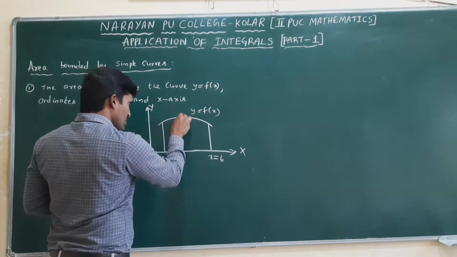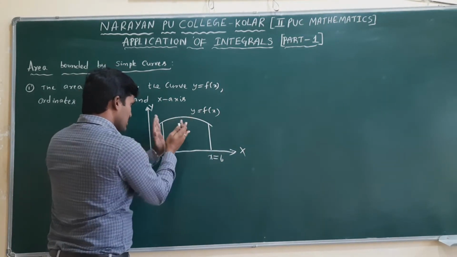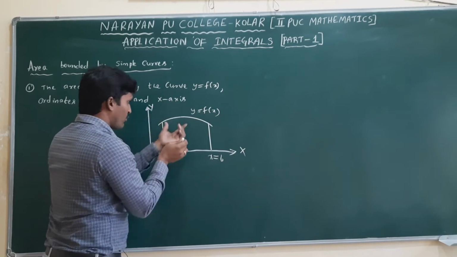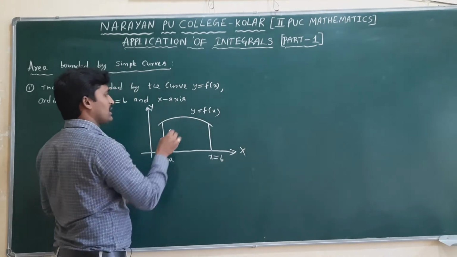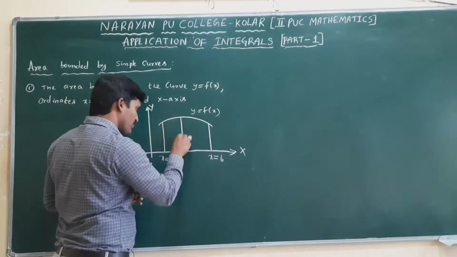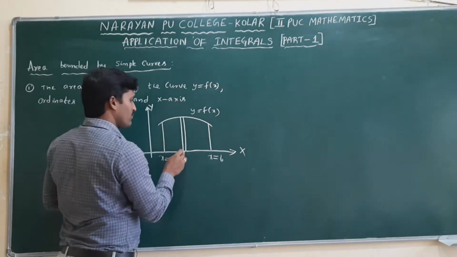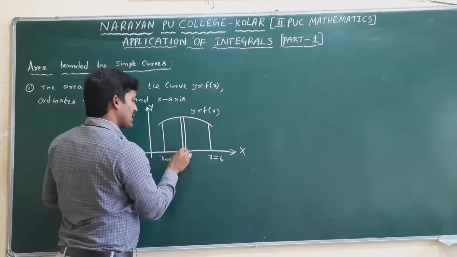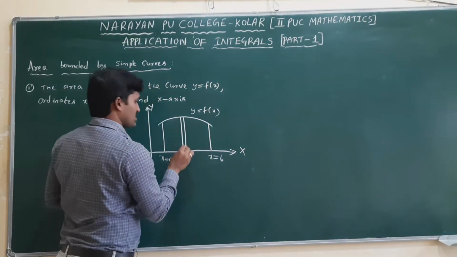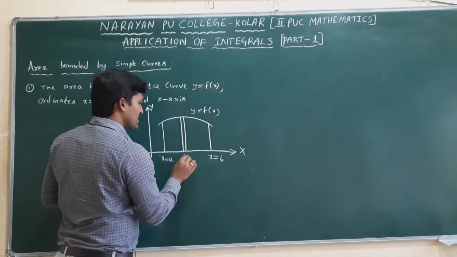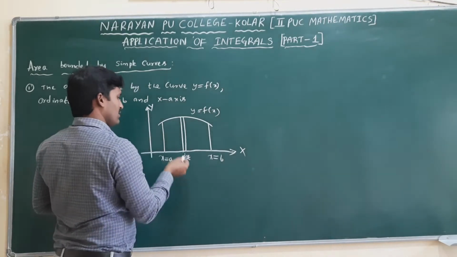Here we take this area height-wise. It is a vertical part, so we are taking a vertical strip. This vertical strip has width dx, which means we need to integrate with respect to x.